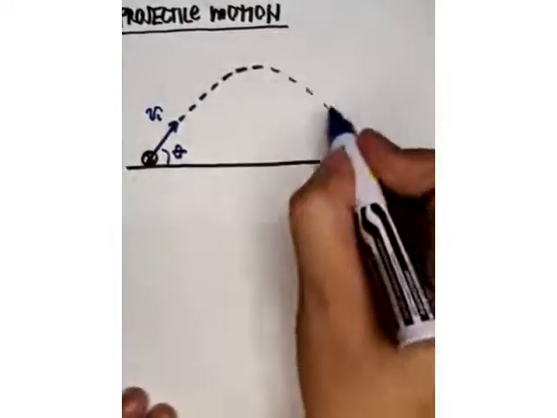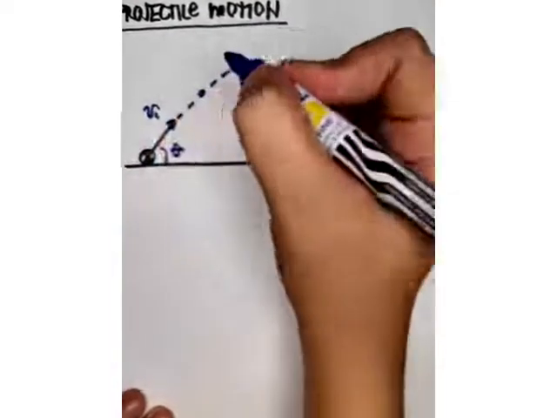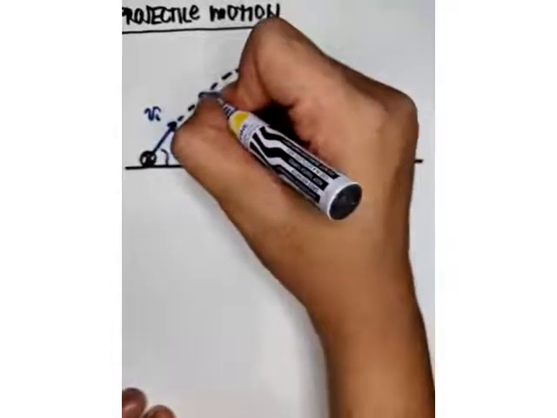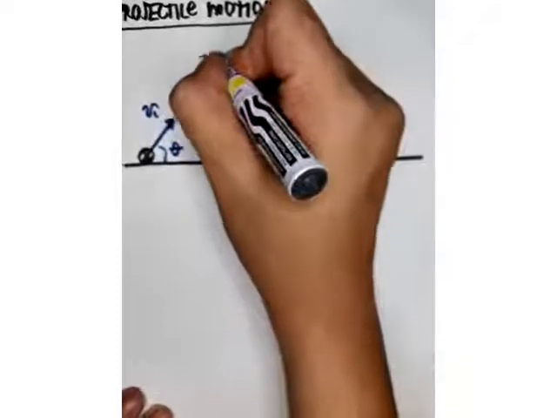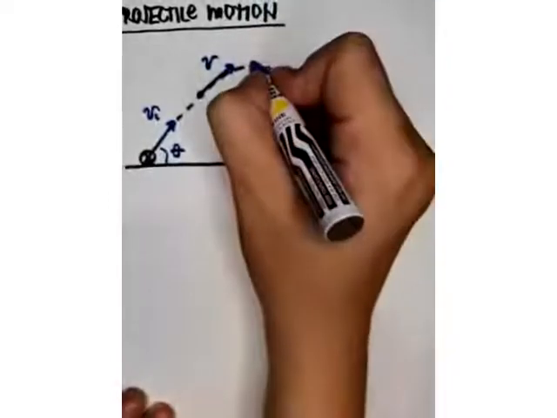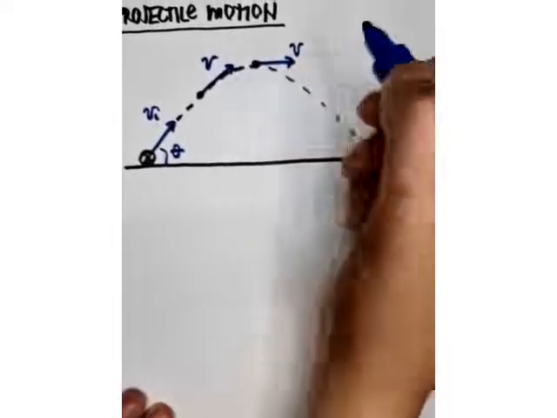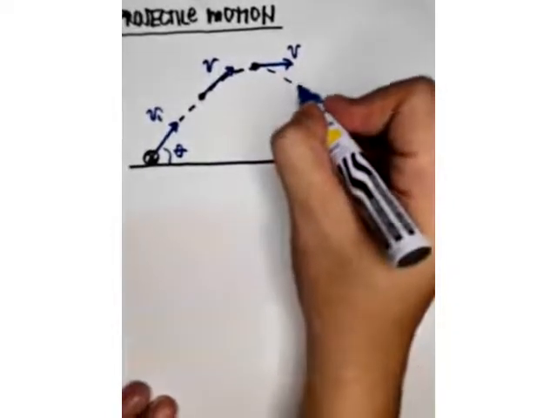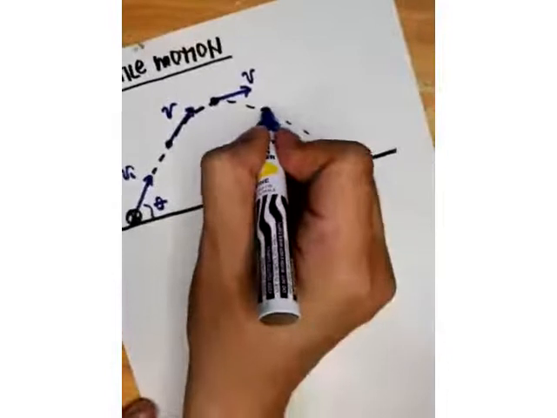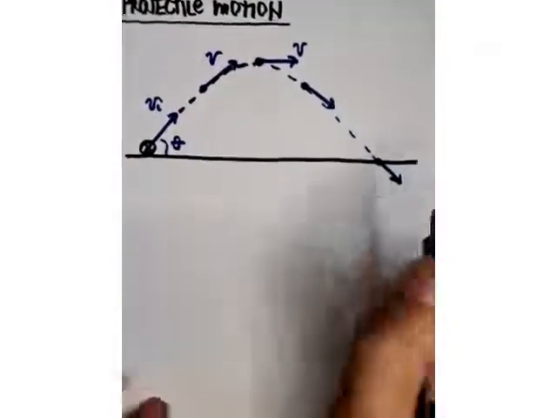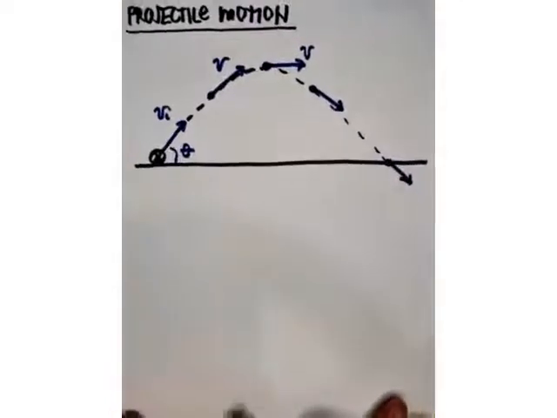Habang nag-move siya sa path niya, that means yung velocity natin is always tangent to the path taken. Nagkakaroon siya ng velocity dito. Pagdating dun sa pinakataas, meron pa rin siyang velocity. Pagdating ulit dito, magkakaroon siya ng velocity pababa. Pagdating dito, meron pa rin siyang velocity, tangent pa rin sa path taken.